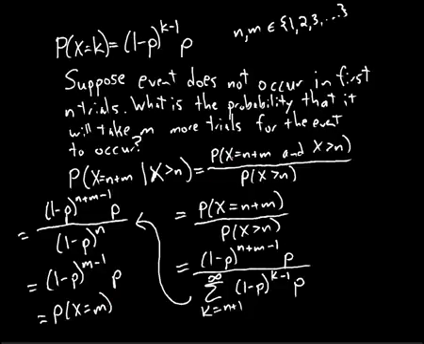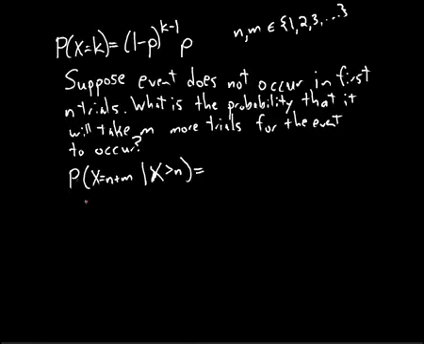Okay, so I'm going to erase all this work in between, and we're going to talk about what it means for the random variable X to be memoryless. So we found that the probability that X is equal to n plus m, conditioned on X is greater than n, is just the probability that X is equal to m. This is what it means for the random variable to be memoryless.